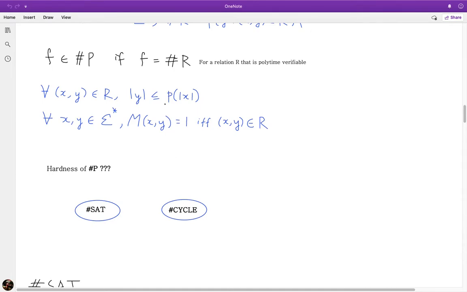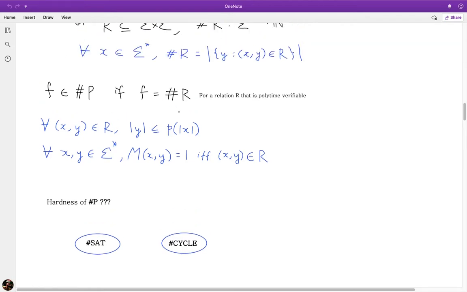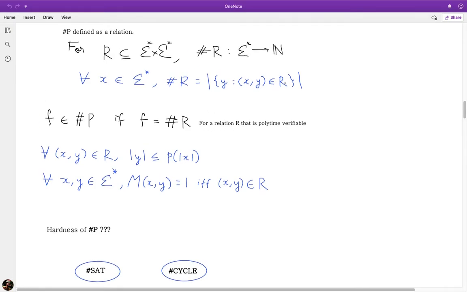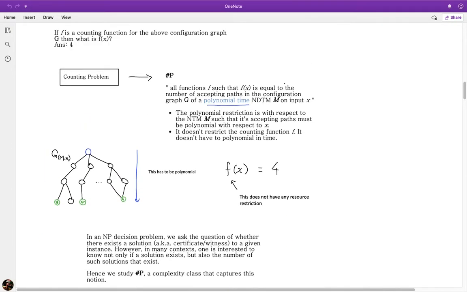So f is in #P if f can be written as a relation #R. So for a relation R, as we are concerned with the number of correct outputs for R, R has to be polytime verifiable, as we have already defined it here in the definition.